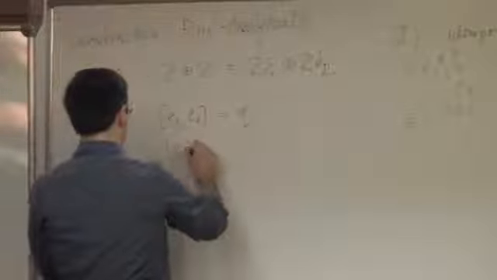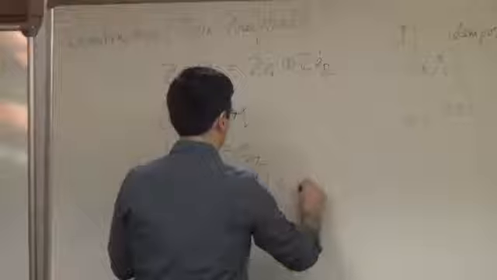You define (e1, e1) to be q1, (e2, e2) to be q2, and you define (e1, e2) = (e2, e1) to be z, which was the root of unity.